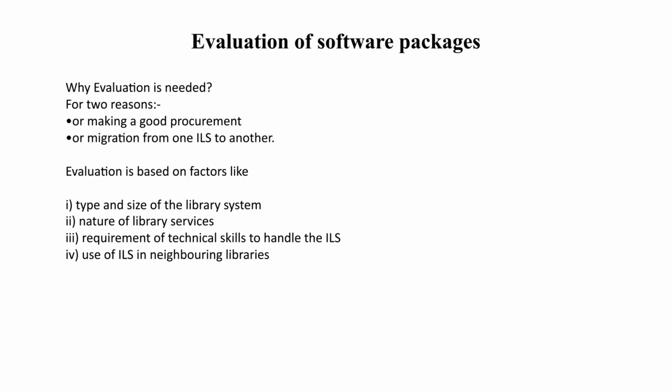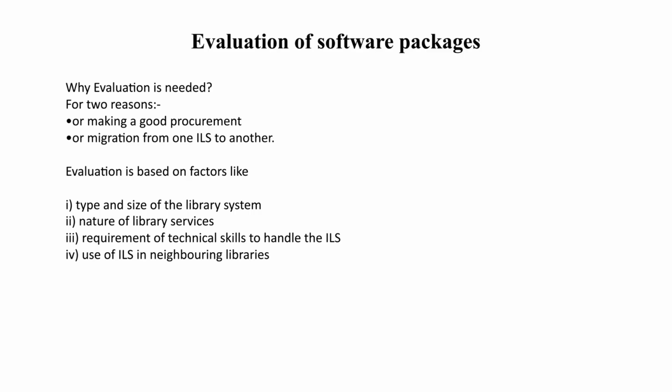Third, as I mentioned a few seconds back, software must be procured by looking at the competency and skill you have. Do your library staff have that extent of competence to handle open source software, because open source software needs expertise.